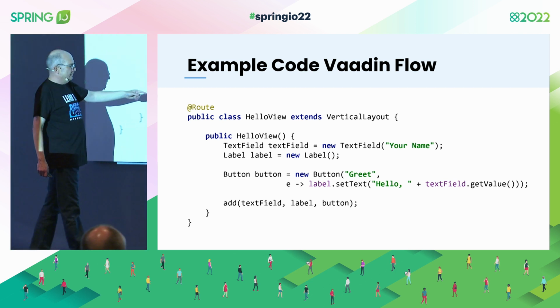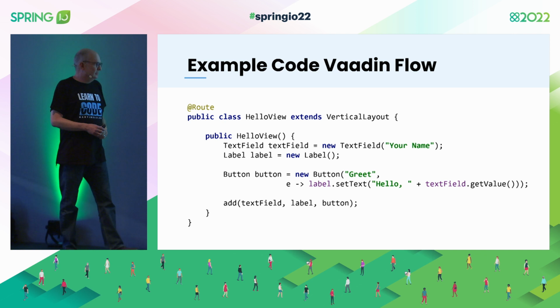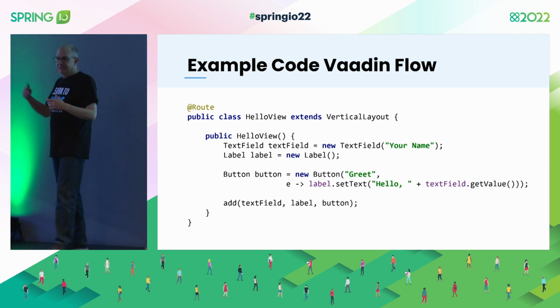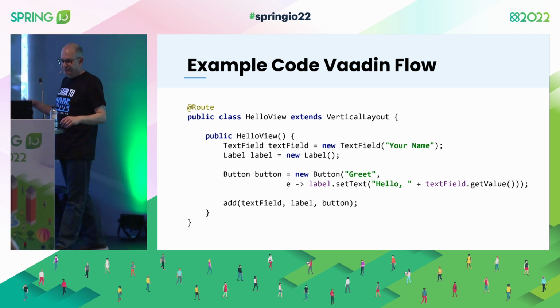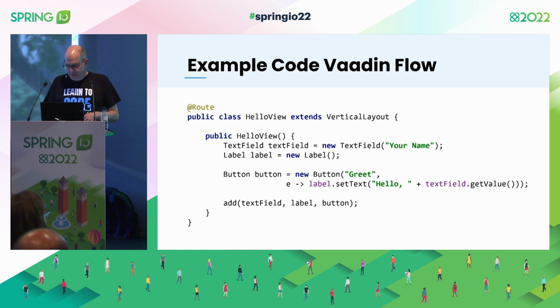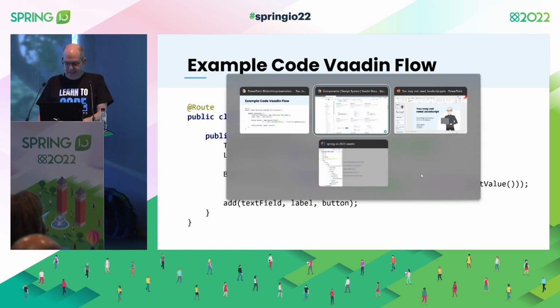We can add the click listener here. This lambda expression there is the click listener. And at the end, we add the fields to that layout. So we have layouts like we had with Swing, grid bag layout, whatever. Here's a vertical layout or any other layouts. And this we can see in the application.